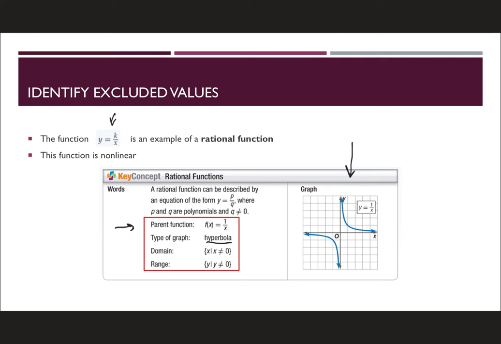Now, the next big thing is the domain and range. Because as you can kind of tell, the domain and range is now a little bit different. Domain used to be pretty reliably all real numbers. There was a slight exception with the exponential and radical equations, but for the most part, it was all real numbers. Not so anymore.